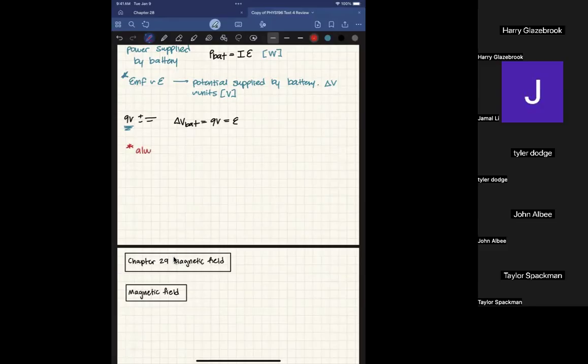So always ideal batteries unless told otherwise. And when I say ideal batteries, I just mean have no internal resistance.